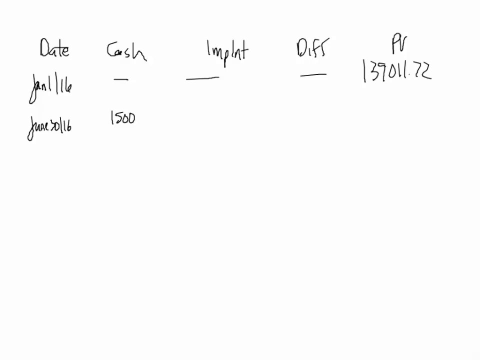And don't forget, the cash is the face amount times the coupon rate, and then of course divided by 2 because we're doing 2 semi-annual payments. But the implicit interest is going to be $139,011.72 multiplied times the market rate. So this is the present value times the market rate, adjusted for the number of payments. The market rate is 4% multiplied times 6 over 12.